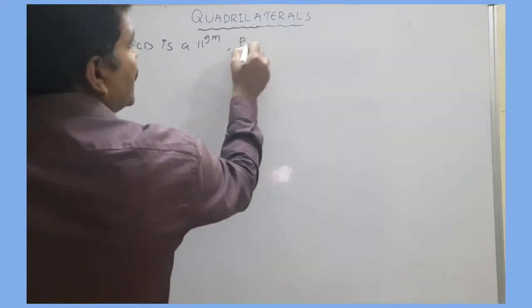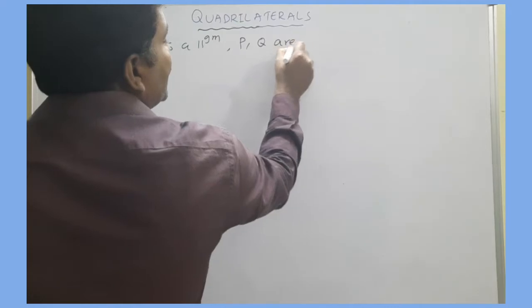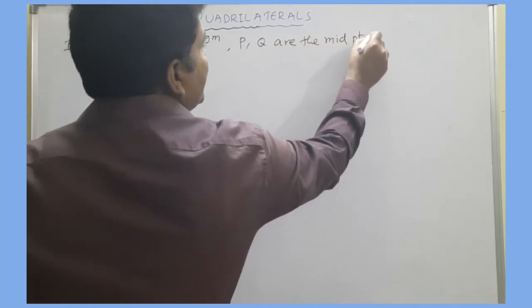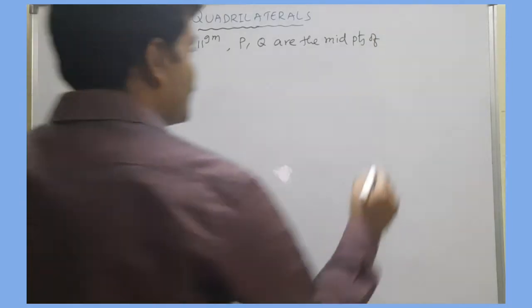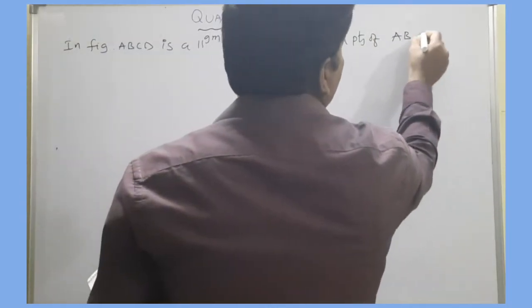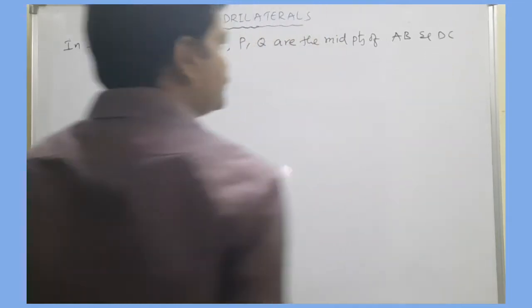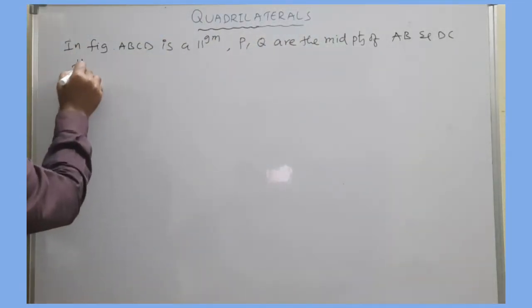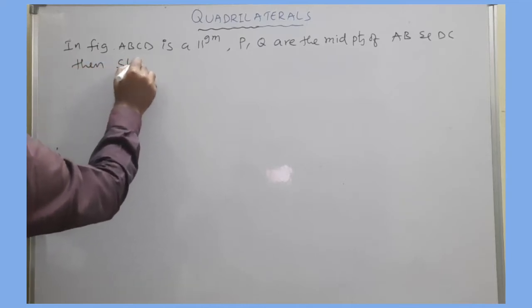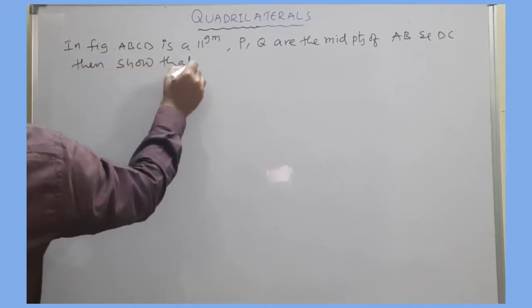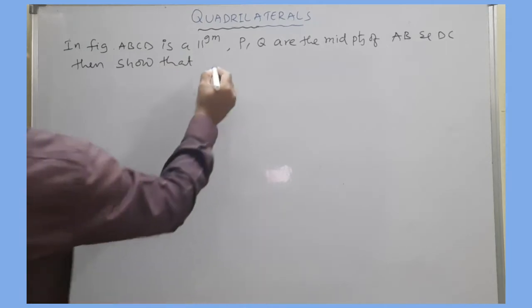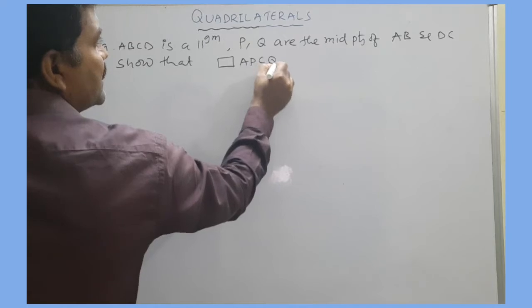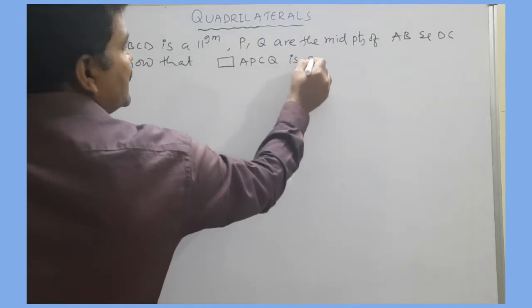Moreover, P and Q are the midpoints of sides AB and DC. Then show that quadrilateral APCQ is a parallelogram.